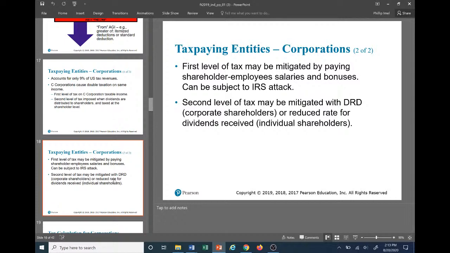The second level of tax may be mitigated by the DRD. And this is pretty much the reduced rate for dividends received, is all that means for individual shareholders. And you probably touched on that in intermediate. I know you might not have, because it's definitely touched on in FAR on the CPA. But pretty much it's just a certain rate.